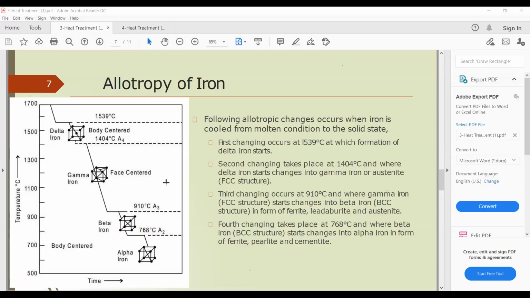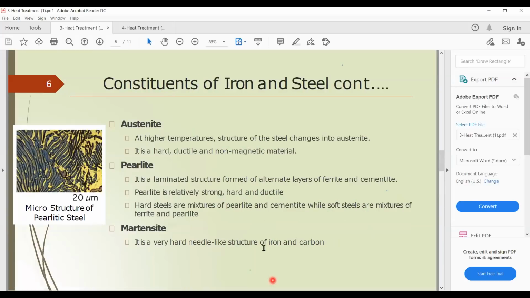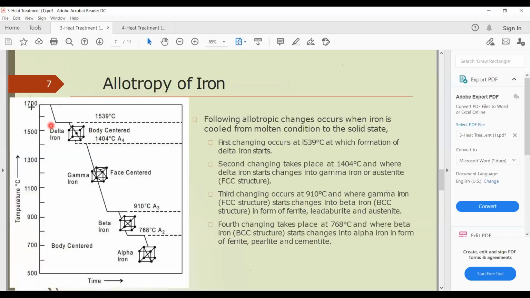Yes, microstructures are changing because, as we have discussed, the austenite structure forms at a high level of temperature, right? The pearlite structure forms at a low level of temperature. But here, in the molten condition austenite structure, and in this condition ferrite or pearlite structure.